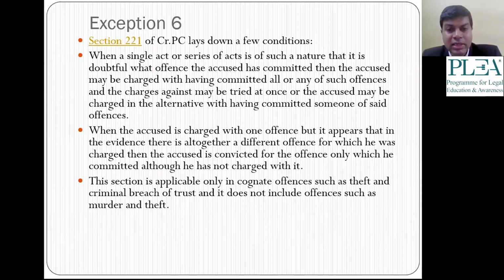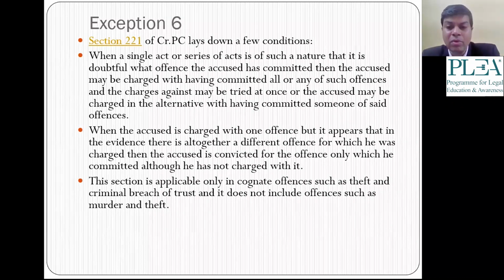So when the accused is charged with one offense, but the evidence shows a different offense altogether, then the accused is convicted for the offense which he committed, although he is not charged with it.